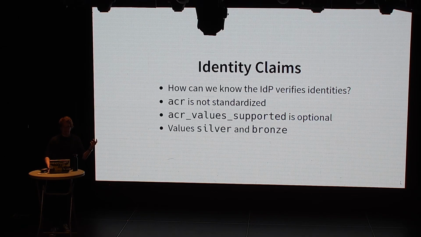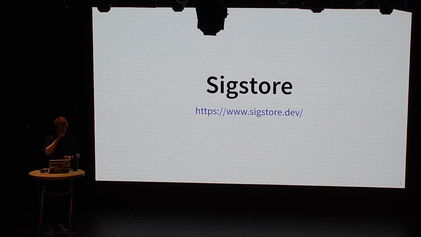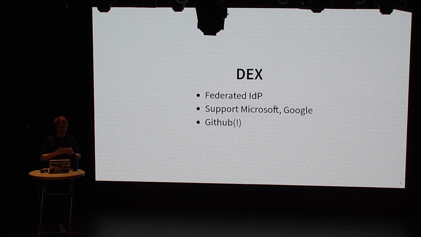So I needed another way of supporting IDP providers without having to hard code a bunch of identity providers and figuring out how they work. So Sigstore is a Linux Foundation project. It's mostly used for keyless signing, which we don't really care about in this context. But what they do have is a public-good federated IDP, which is hosted by the Linux Foundation.